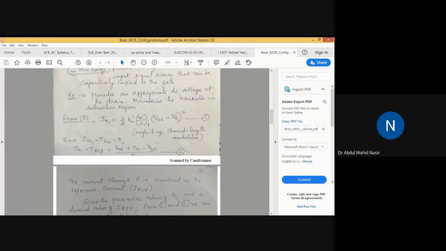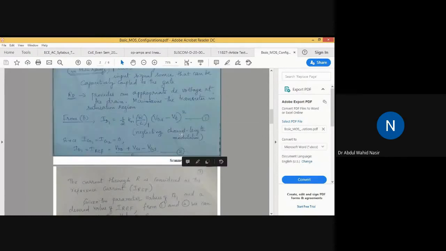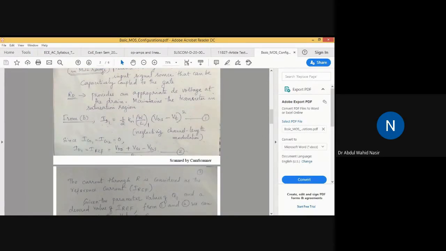We know that this relation holds well when we neglect channel length modulation. I have explained this in module 1.